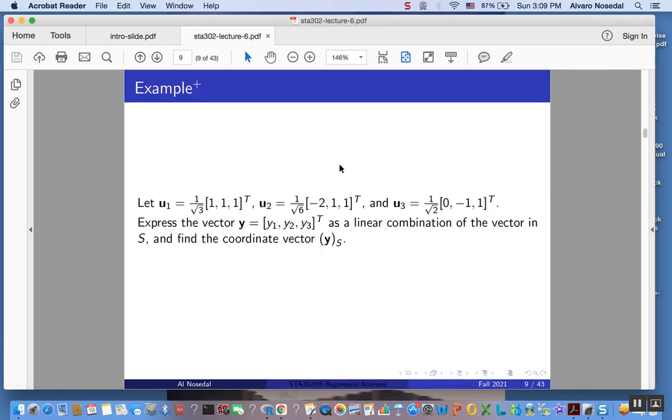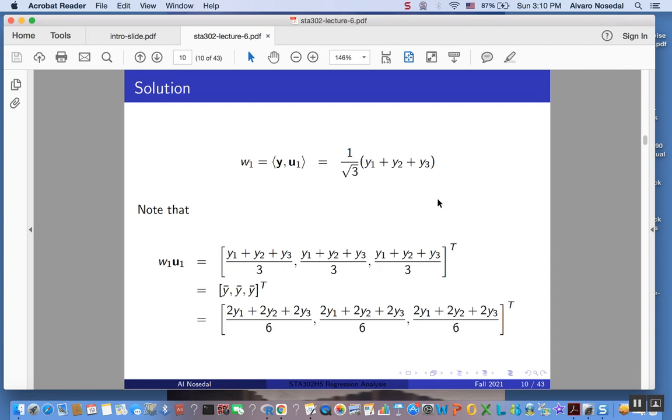Yeah, that's the example that we want. See, here we already have the normalized versions of v1, v2, and v3. So what we're going to be doing is expressing y as a linear combination of these three vectors, u1, u2, and u3. And what we claim is that it's going to be really easy. Let me walk you through it.